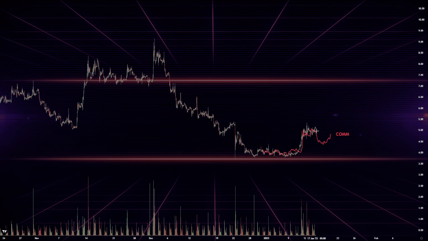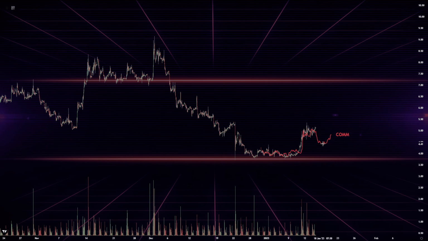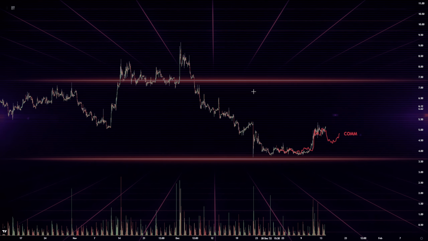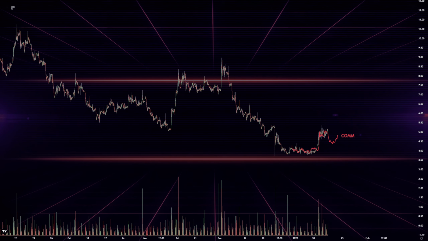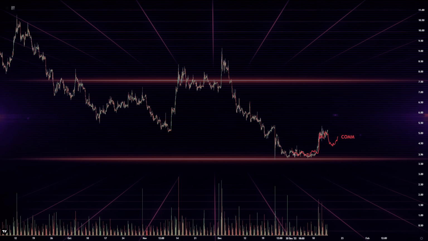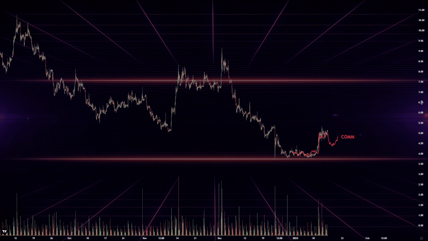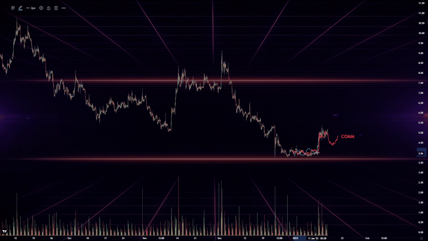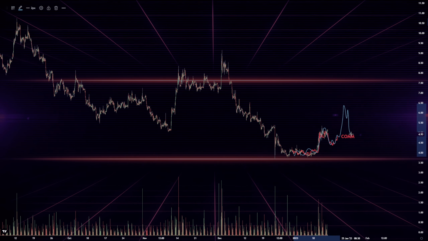If AMC decides to come down, it's possible we will test this 450 range. Now, a move like this is not out of the question because, based on this pattern, if we are expected to climb back up on the next point of interest, which is end of January going into February, this would mean that we would potentially be creating a bigger projector pattern that would look something like this.